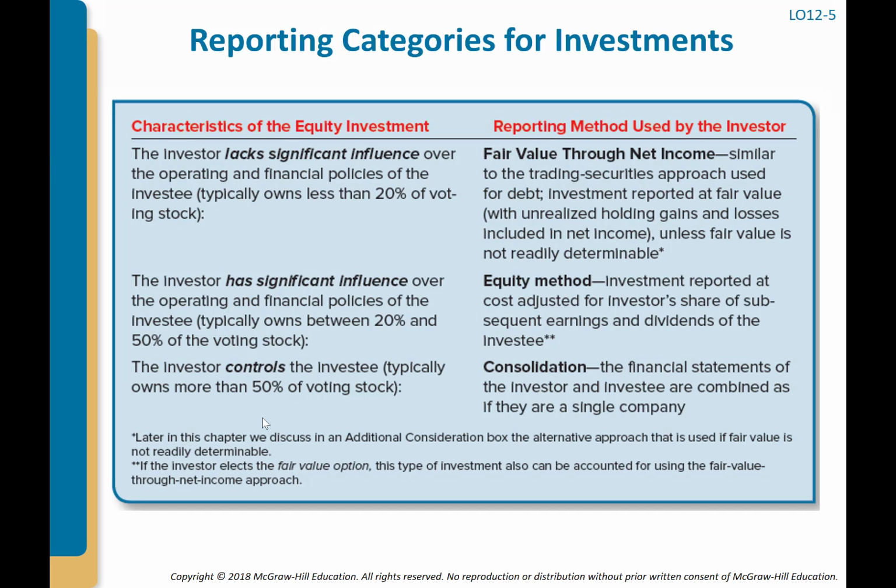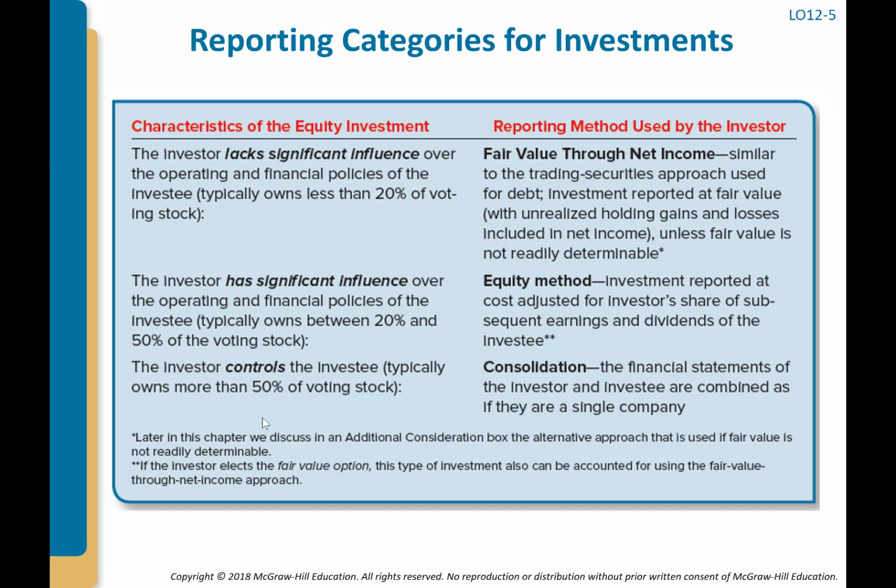We will take unrealized holding gains and losses, marked to market on the balance sheet. Unrealized holding gains and losses will go through the income statement. And if there is a dividend, that dividend will be treated as income from the investment, a dividend revenue. Now, that's if we are less than 20%.